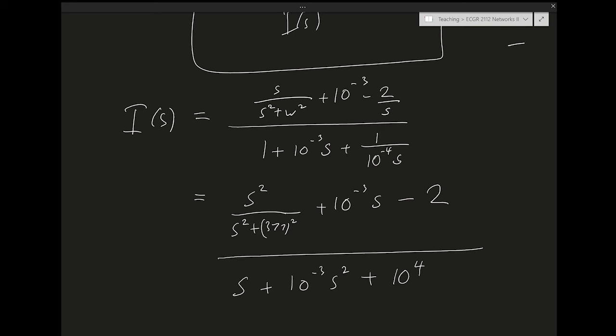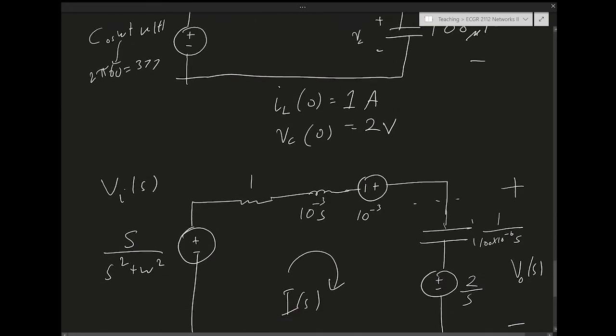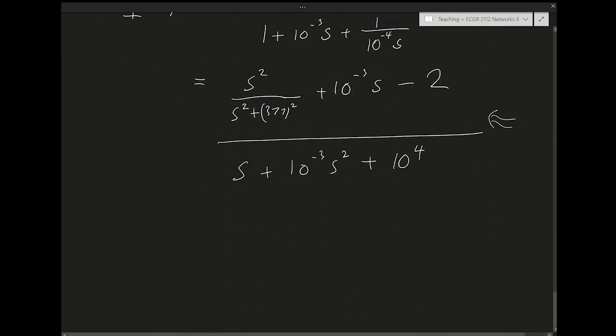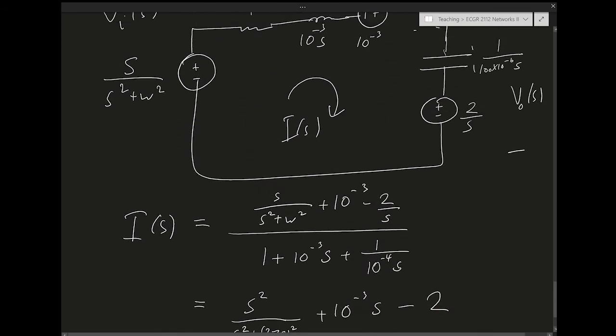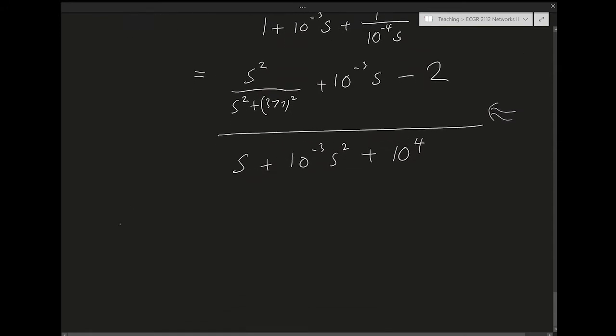And then I need to get it ultimately in the form of a polynomial over a polynomial, but I'm not done yet. I'm trying to solve for VO, right? So I'm trying to solve for VOS. So I just need to take this and multiply it by the impedance, right? So what would VOS be?